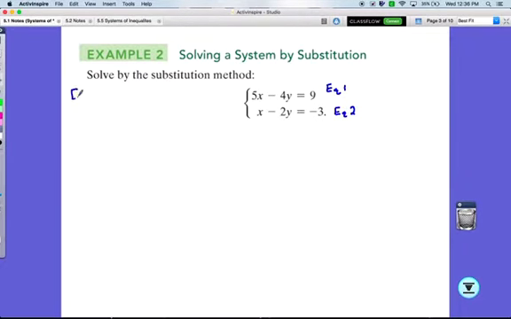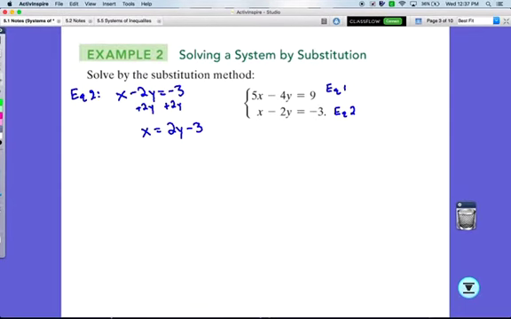So I can take equation 2, x minus 2y is equal to -3, and solve this for x. I can get x by itself by adding the 2y over. That gives me x is equal to 2y minus 3. That's your step 1: solve one of the equations for a single variable.